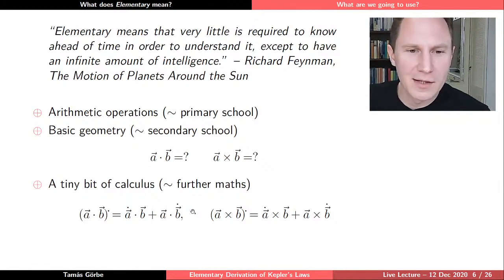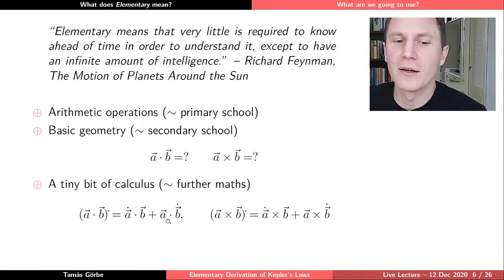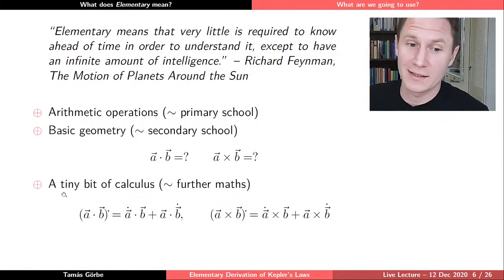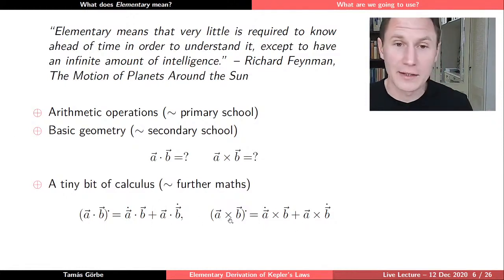The way my teachers taught me at university is that you start differentiating, you get tired, so you don't do the whole thing. You just first differentiate the first factor, and then you add to that another term where you have differentiated the second factor after you rested for a bit, and it's the same for the vector product as well.